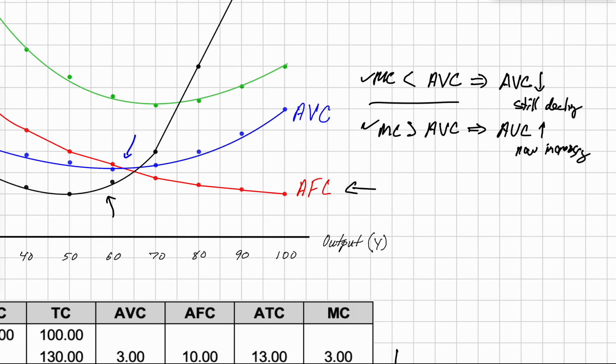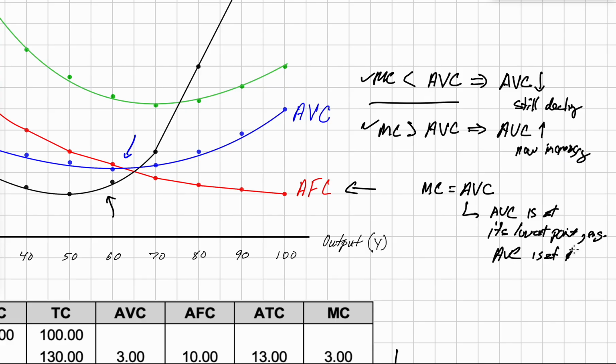Well, basically, if the black marginal cost curve is crossing the blue average variable cost curve, then average variable cost is at its lowest point, or you could say average variable cost is at its minimum.